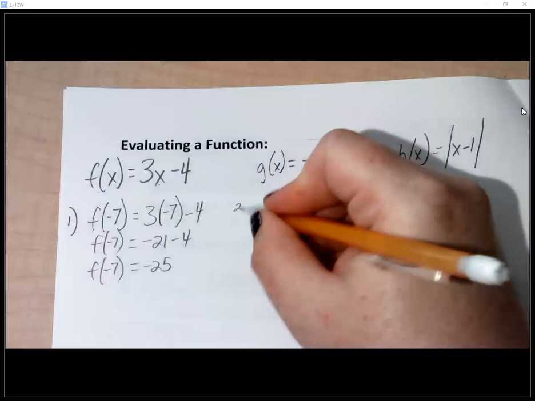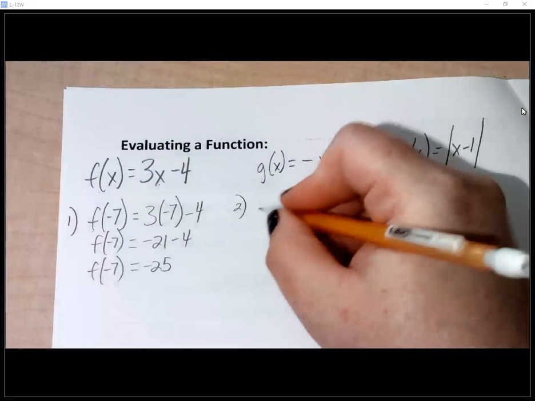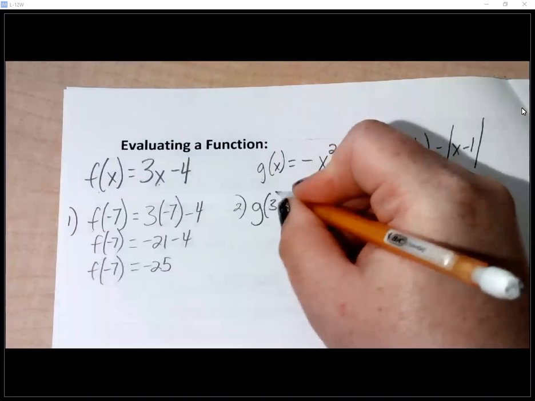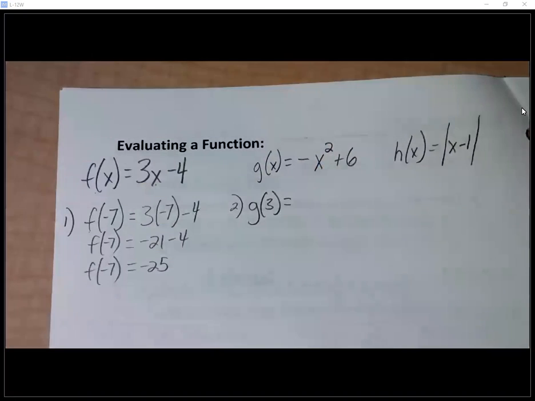Second practice one. Find g of 3 for me, would you? I have a feeling I'm going to get 2 answers for this. Some of you will get one answer, some of you will get another. Okay, Braylon, tell me yours.